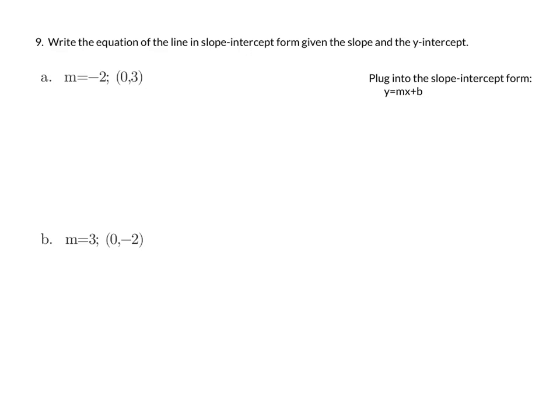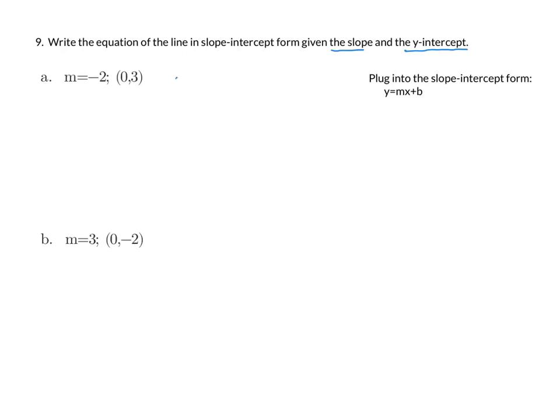The next one, this is a very straightforward problem, hopefully. This is write the equation in slope-intercept form given, and pay very close attention to this part, we are given the slope and the y-intercept. So there is no actual work to this problem. This is just plugging in the information.